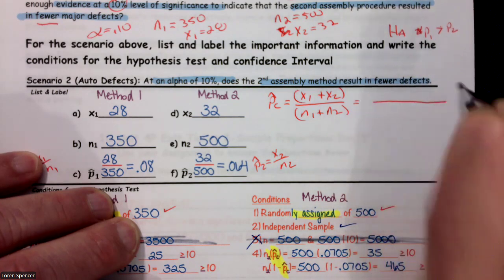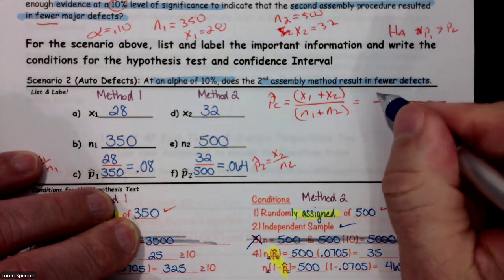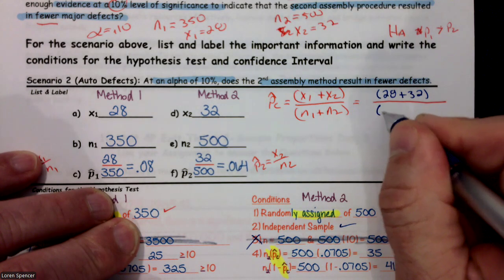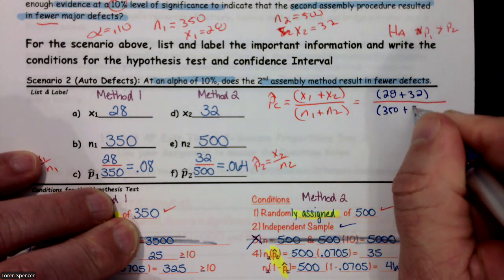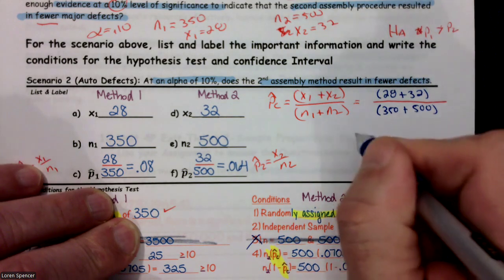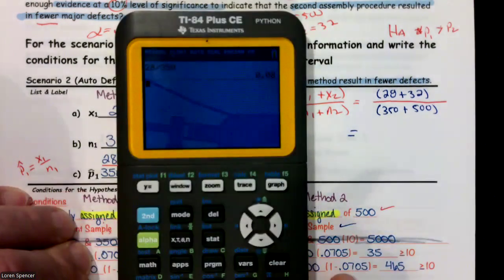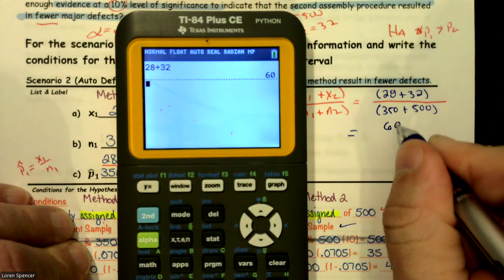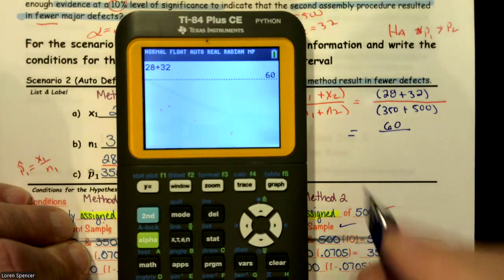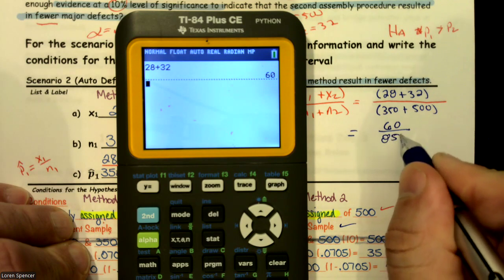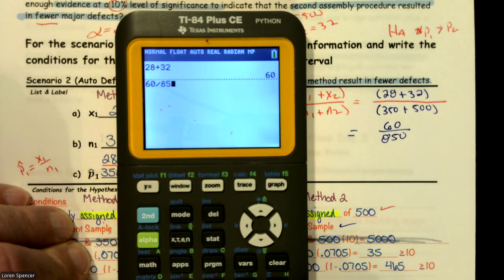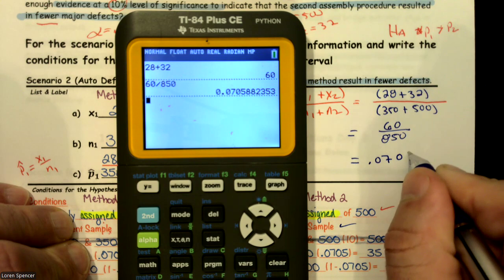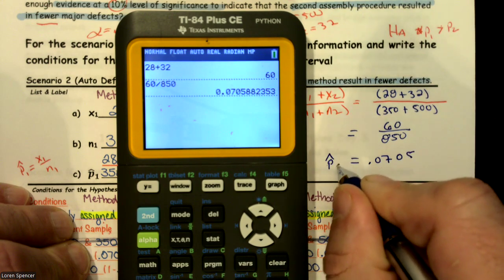In this case, we'd have 28 plus 32 over 350 plus 500. What's 28 plus 32? Some of you real quickly told me it was 60. And 350 plus 500 is 850. So we have 60 divided by 850, which is 0.0705. And that is p hat c.